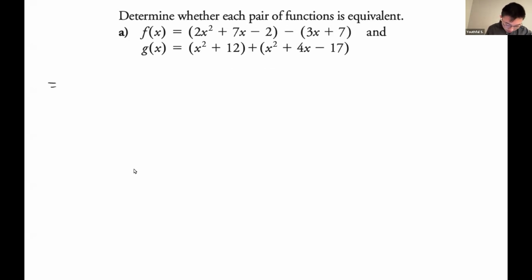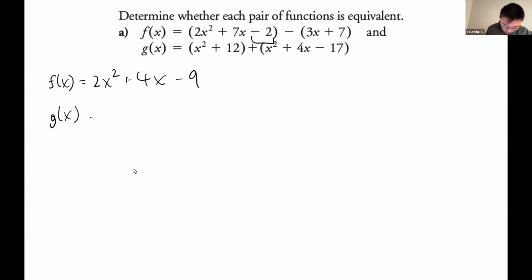Okay, we have f of x is equal to 2x squared plus 4x, 7 minus 3x, and then minus 9, negative 2 minus 7. And then g of x, same thing.